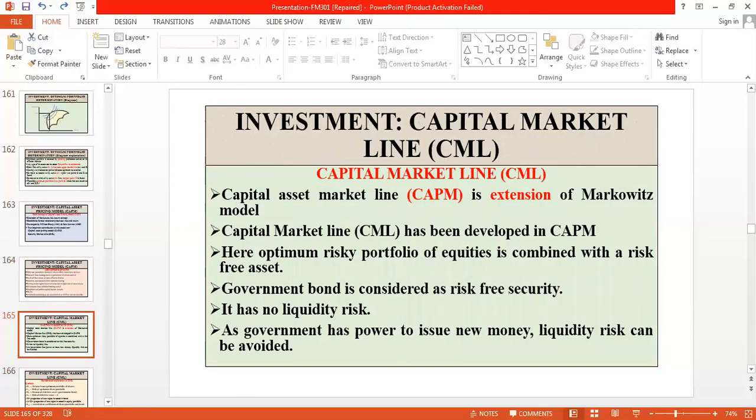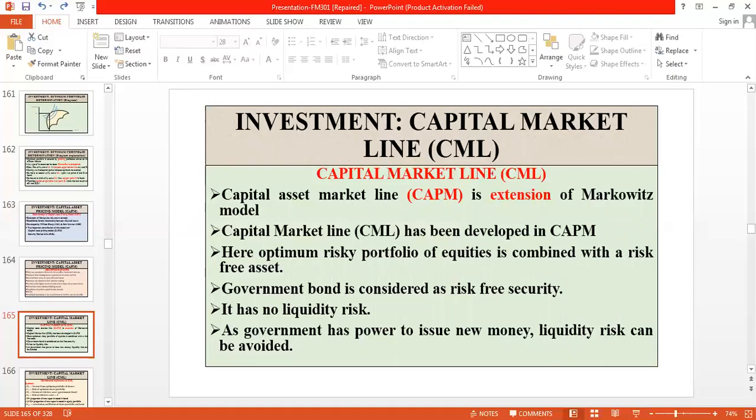Now, what is the capital market line? The capital market line is nothing but an extension of the Markowitz model. In the Markowitz model, we have already mentioned that it is an optimum combination of equities based on risk and return.